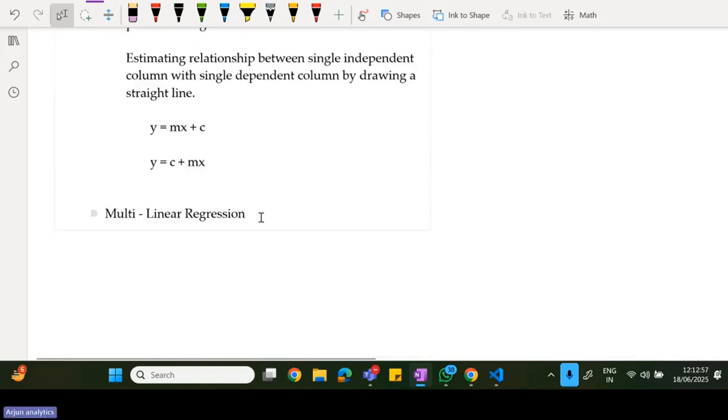Now, what is multi-linear regression, or multiple linear regression as we also call it?